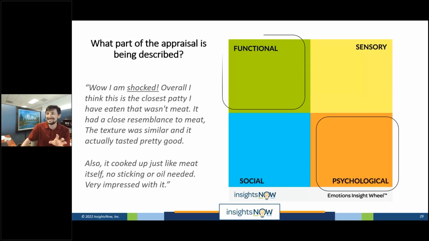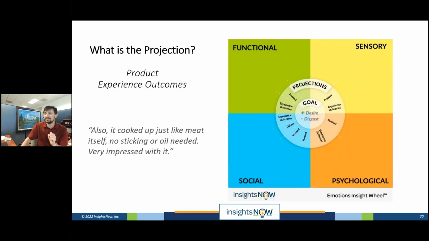Okay, so what is that element? Well, it's clearly functional, right? No sticking to the pan. That's a very functional job that a product is doing here. So we can take a look at then, okay, well, what is the product? Is this about the experience as a whole, or is it just about one aspect or one quality of the product, right?